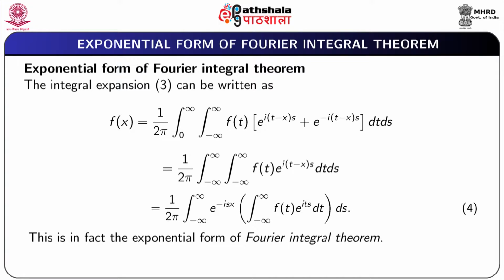Now, the outer integral over s can be simplified and we can write f(x) as 1 by 2 pi, integral from minus infinity to plus infinity, also integral from minus infinity to plus infinity f(t) e to the power i(t minus x)s dt ds, which can be written in the form given by equation 4, where f(x) is written as 1 by 2 pi, s integral from minus infinity to plus infinity e to the power minus isx and t integral from minus infinity to plus infinity f(t) e to the power its dt.